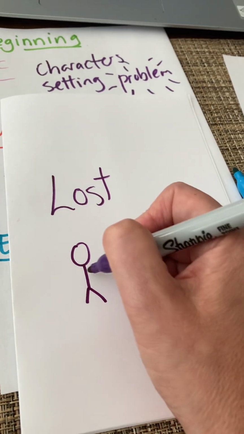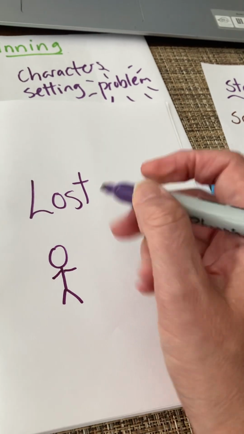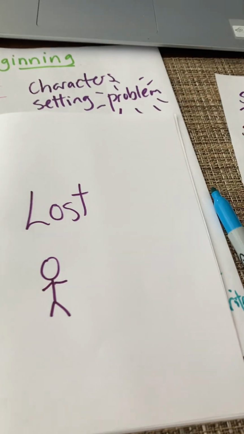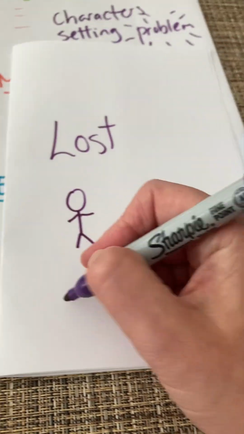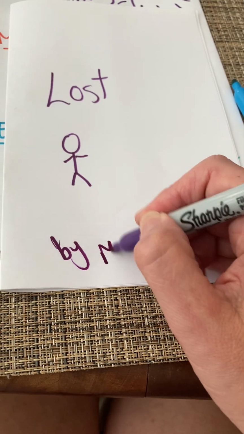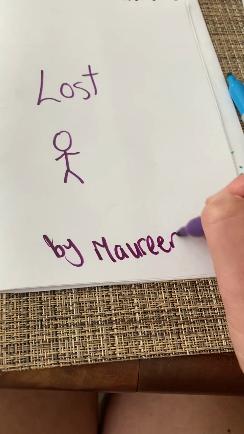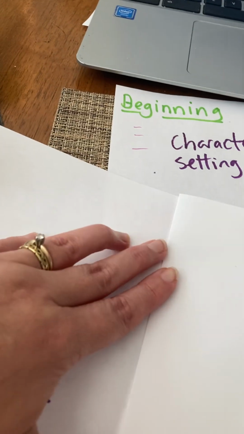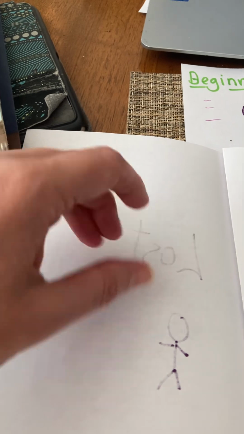I'm terrible at stick men and I never quite know what to do with their arms. I would never choose to draw, but some of you love to draw. And then we can write who the author is. And that's me. Then you can take these as pages, and providing you use a pencil and not a Sharpie so it doesn't bleed through, you could draw a picture here.